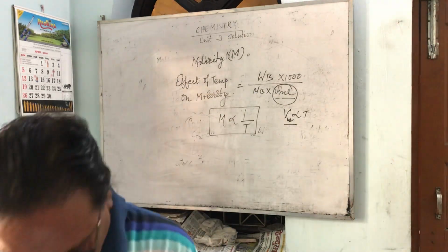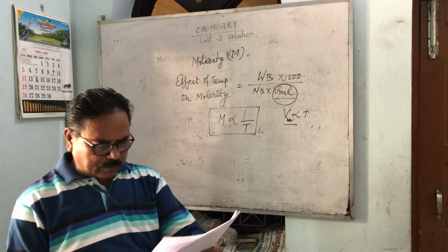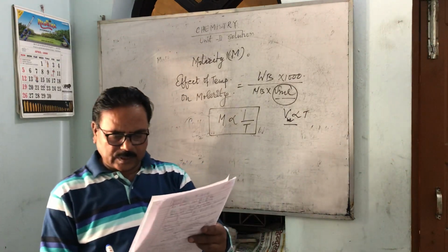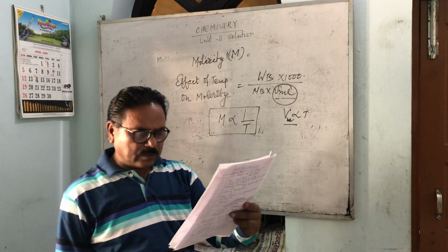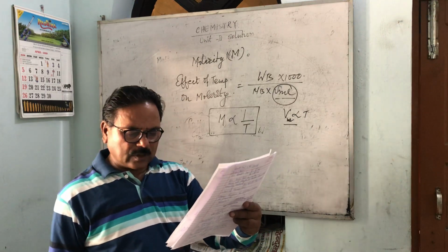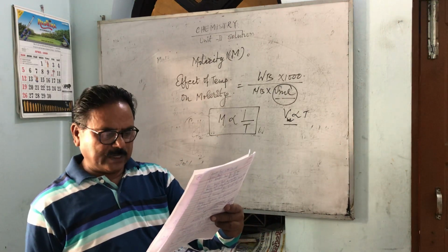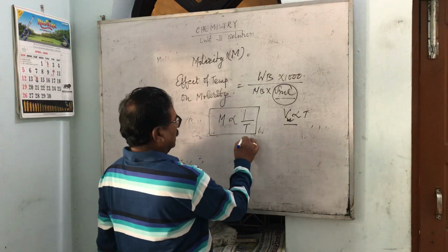Again, in problem number 2.2, page number 36: calculate the molarity of the solution containing 5 gram of NaOH in 450 milliliter of solution.